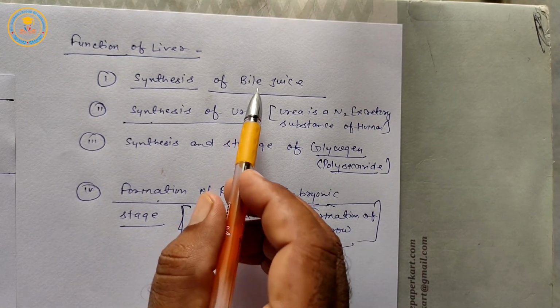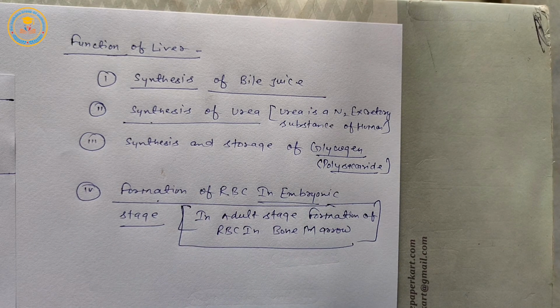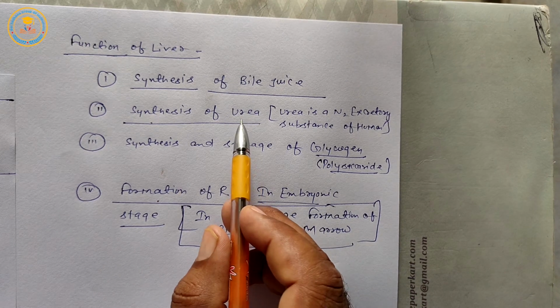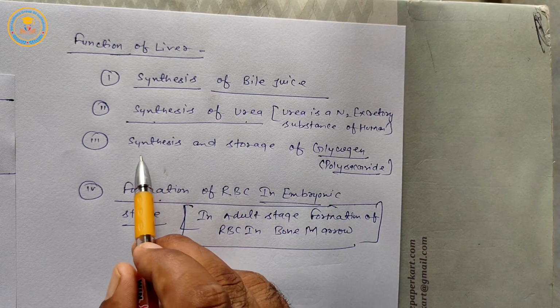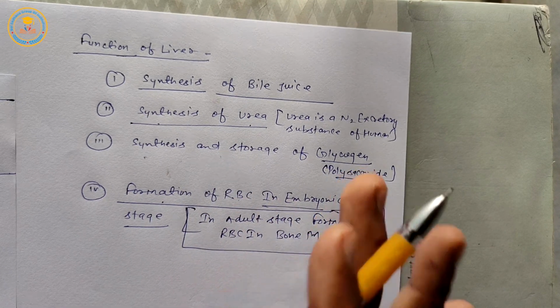In this topic only synthesis of bile juice, but synthesis of urea, synthesis and storage of glycogen we studied in another part of this chapter.